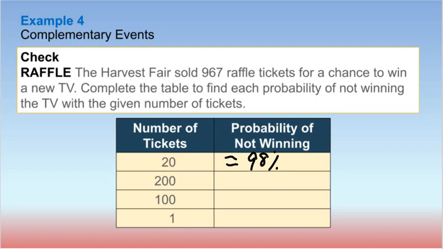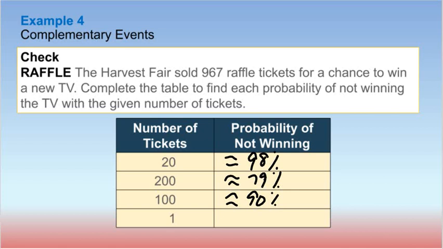For 200 tickets, it's 967 minus 200, divide that by 967, which gives us about 79%. If you had 100 tickets, 967 minus 100 divided by 967 gives us roughly 90%.